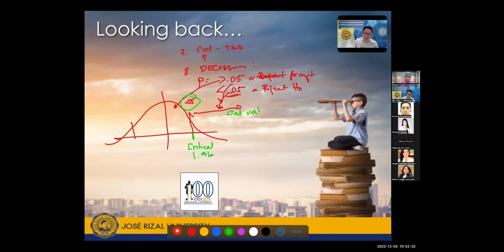So in your test, if your calculated value is more than your critical value, what will happen to your null? Reject. If your calculated value is less than the critical value, somewhere here, what will happen to your null? Accept. Okay.